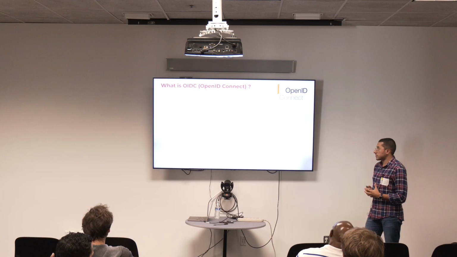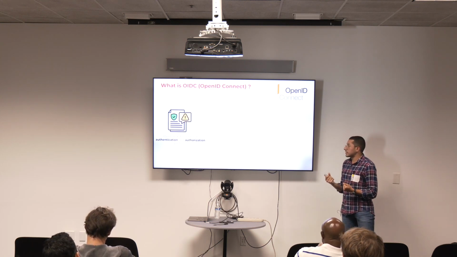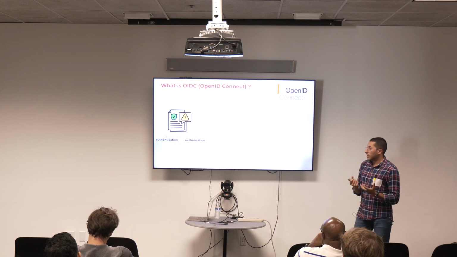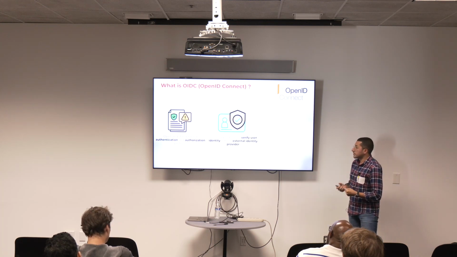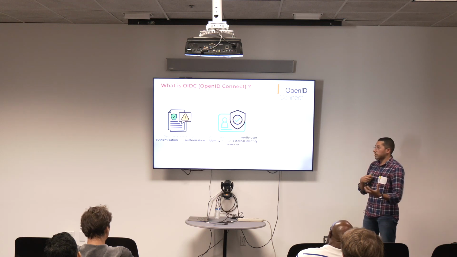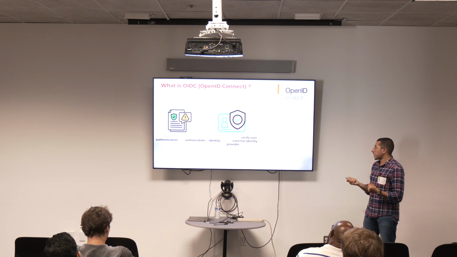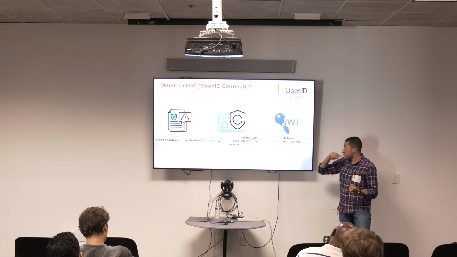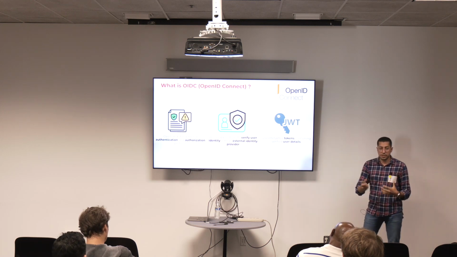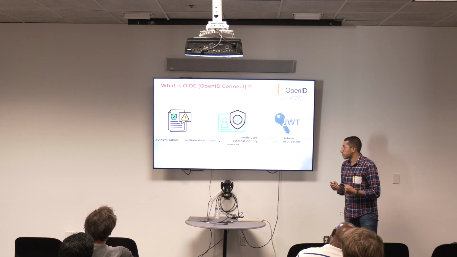And what is OIDC? A quick reminder, OIDC is an open and standardized authentication and authorization protocol. It allows your application to verify user identity using an external identity provider. And for that, it relies on a system based on JWT tokens that contain information regarding a user.